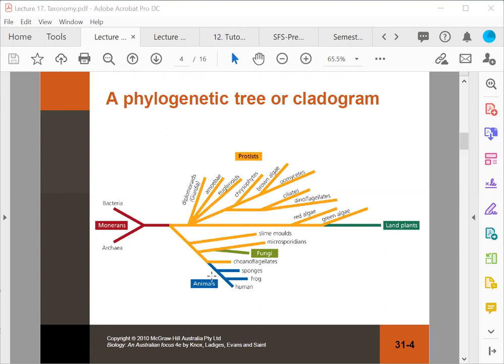And we can see that the closest relative to the animals is this particular branch of the protists called the choanoflagellates. Which is quite interesting, given that choanoflagellates are mostly single-celled marine organisms, but they tend to have ribosomal RNA genes that are very, very similar to those found in animals.